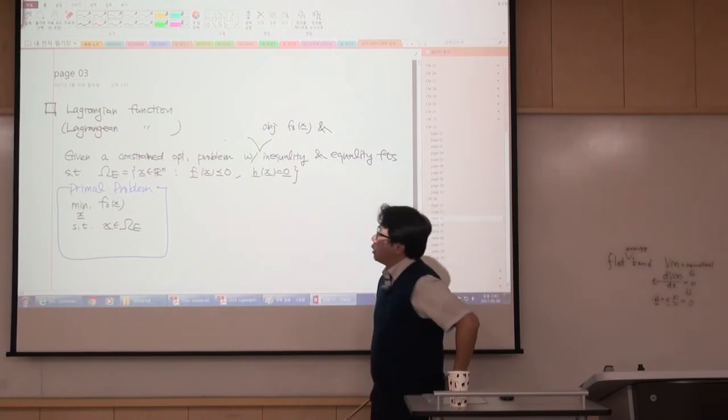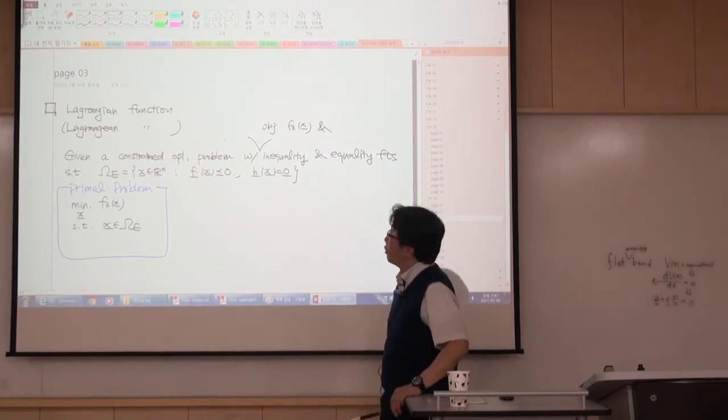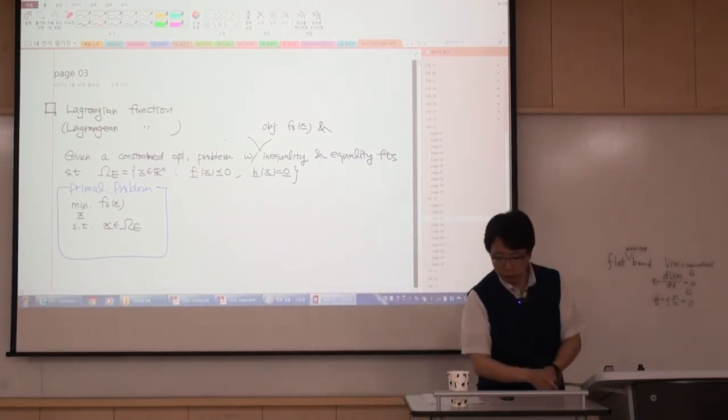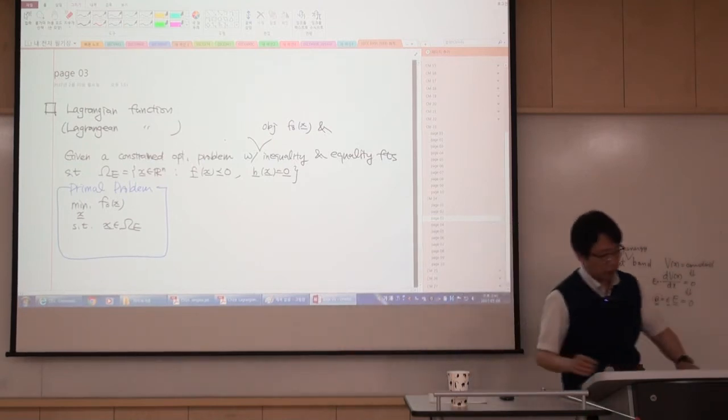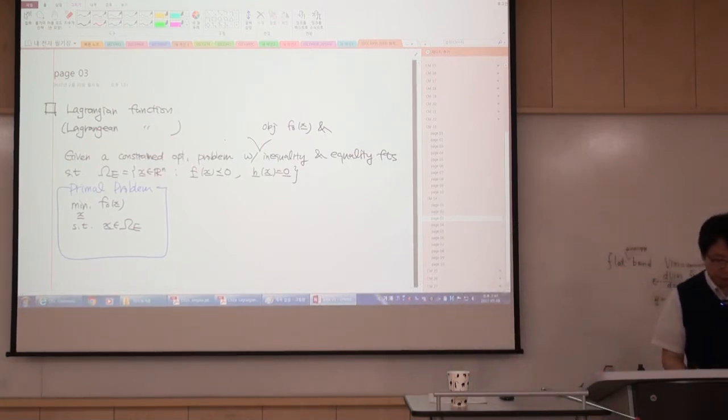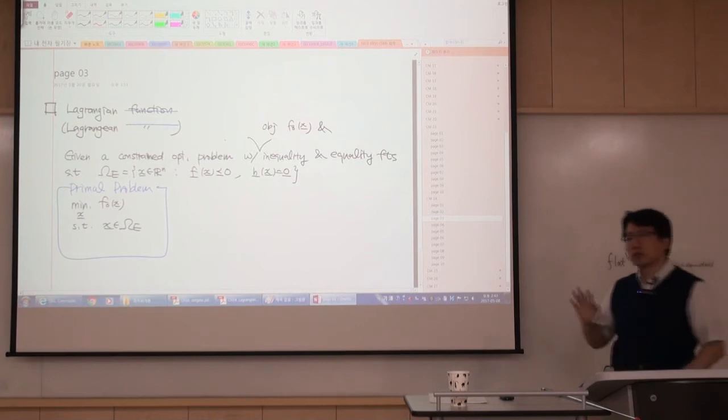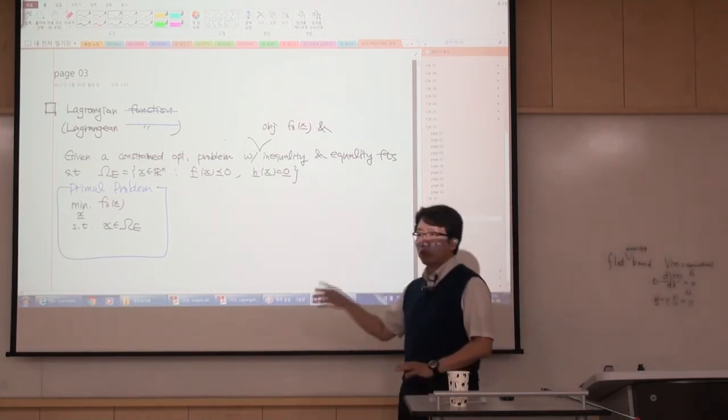Lagrangian function. Okay, you need to be careful. I'd better say this is just the Lagrangian, because there is a function called the Lagrangian dual function.